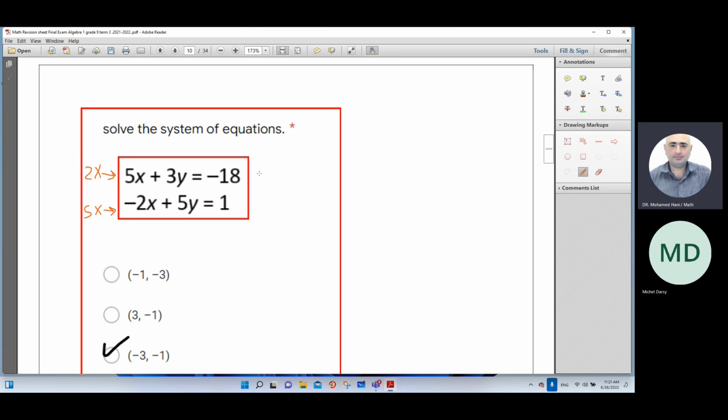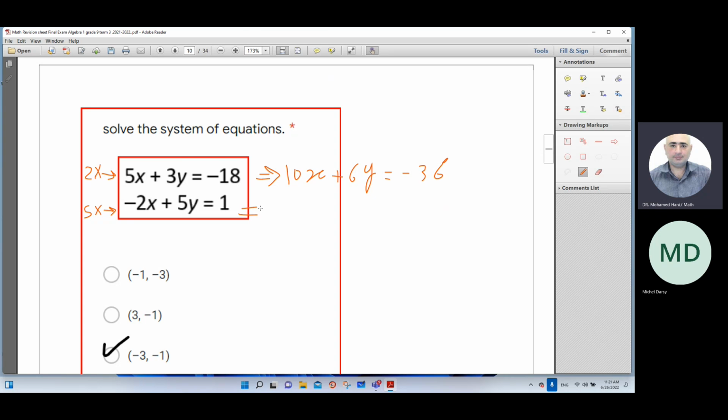Then the first equation will be 2 times 5x, which is 10x. Then 2 times 3y will be 6y. Then 2 times -18 will be -36.